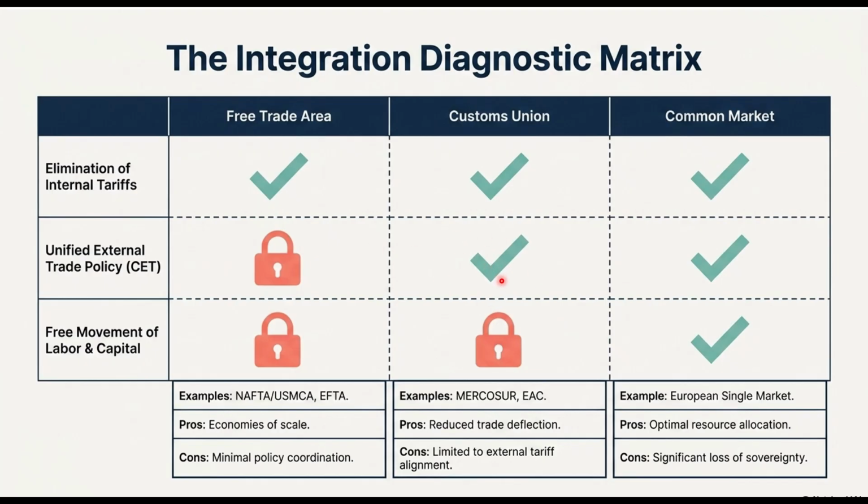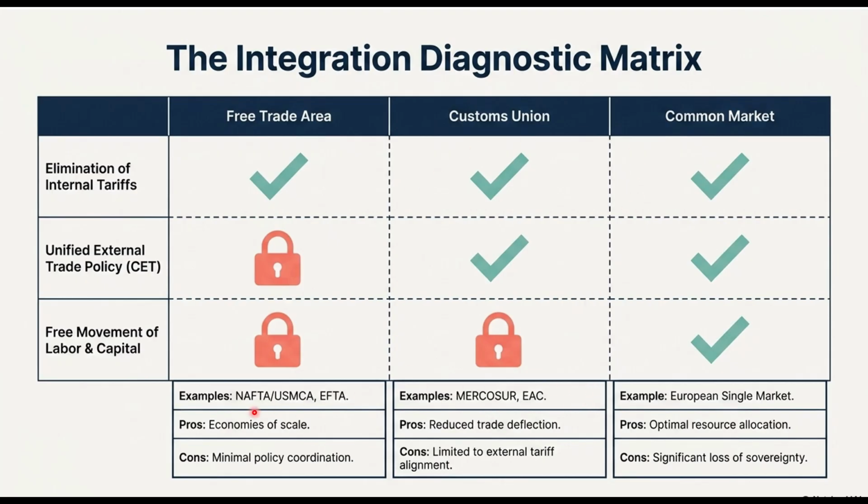Okay. However, you can see that the deeper the level of integration, the larger the potential economic benefit. But deeper integration also requires greater policy coordination and reduces national autonomy. So countries must carefully balance economic gain against political considerations.